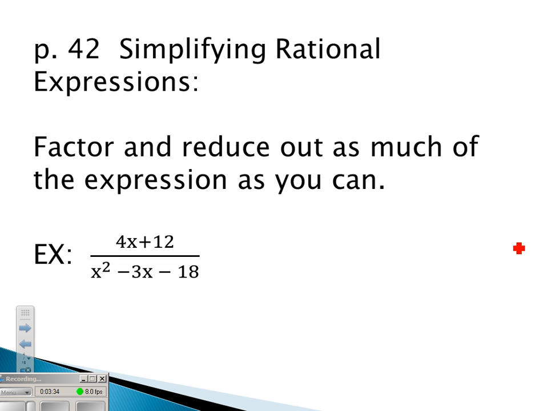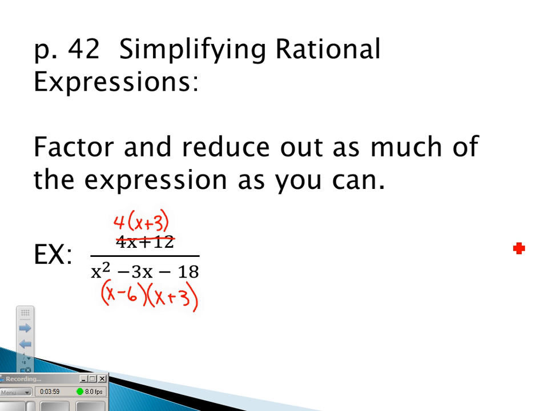So I'm going to go ahead and pull 4 out of my numerator, and the bottom is a trinomial. That would factor into x minus 6 and x plus 3. Again, if you're having a little bit of trouble with that, you can always list the factors of negative 18 off to the side.